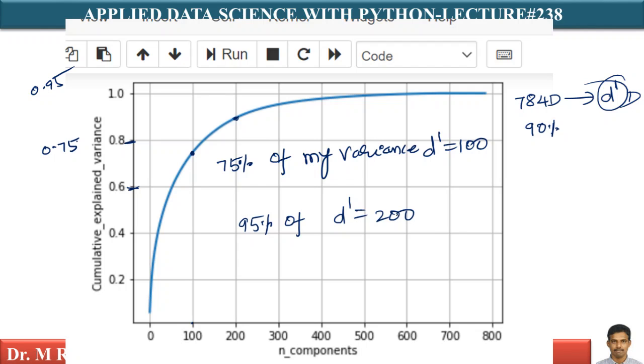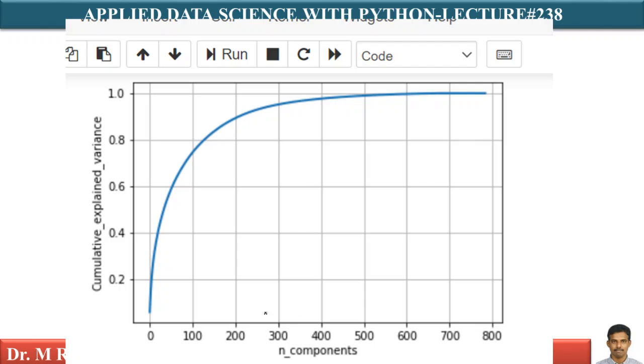Now, let me say it is something like 350. 350 means somewhere here. If I take my d dash value as 350, it is almost 0.95.